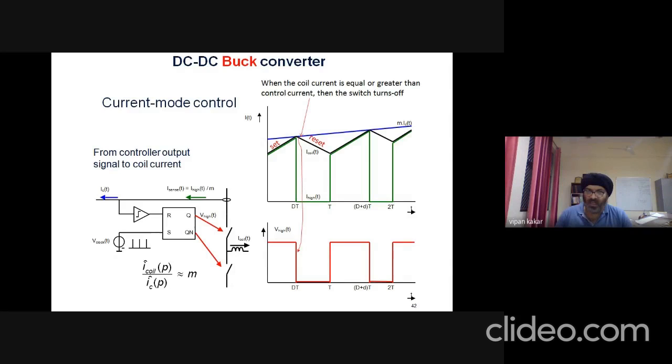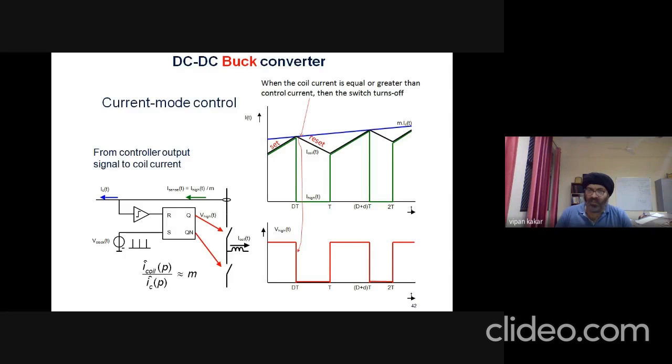Here you can say the inductor starts to energize, it reaches its maximum value. Now it becomes equal to that control current. And when it becomes equal to the control current, it switches off. Now the switch goes off.